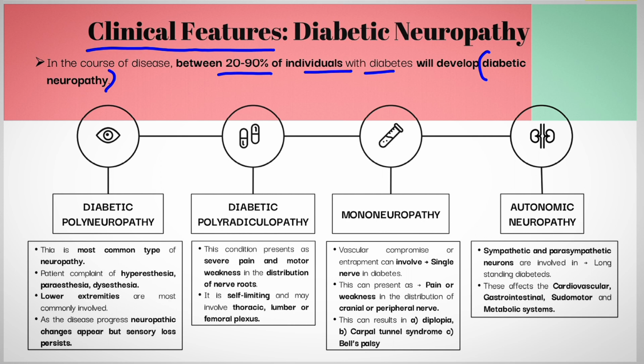This diabetic polyneuropathy is the most common type of neuropathy, and the person with diabetic polyneuropathy can complain of hyperesthesia, paresthesia, and dysesthesia. Hyperesthesia means there will be an increase in the sensitivity to any kind of stimulation.